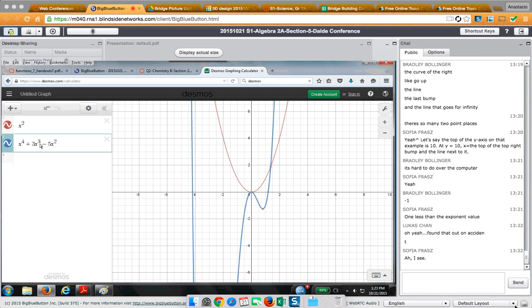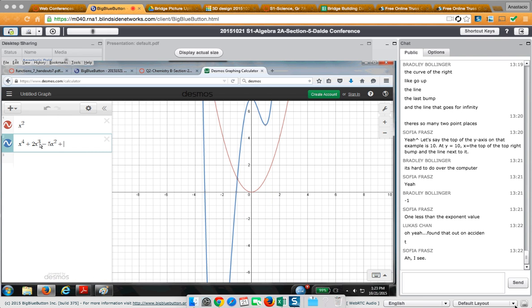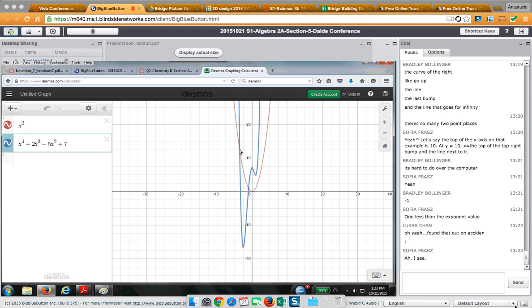I'll make this number smaller, and then we'll also add plus 7, something like that. And I zoom out. Look, this is still my x to the 4th power. It's just messed with.